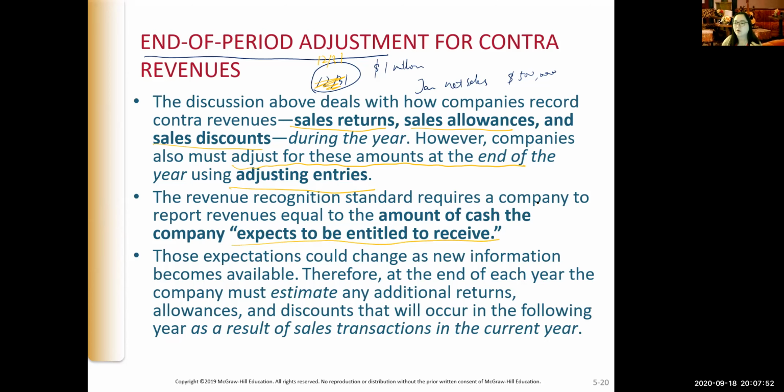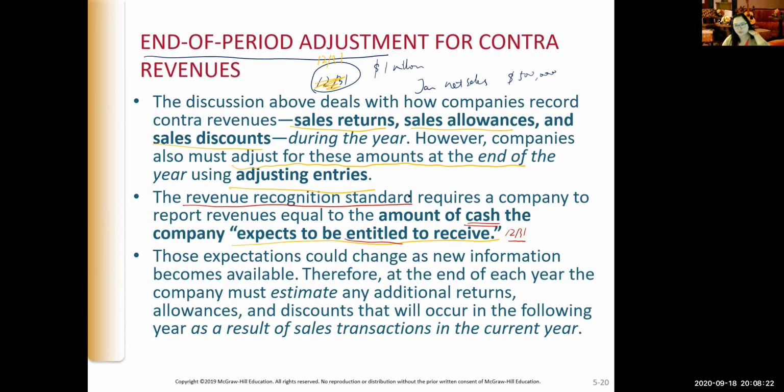In other words, on December 31st, ideally, the number that you report to the investor should be the money that you really can receive, or the cash you are entitled to receive, meaning that it should net out the unsatisfactory returns, right? So that's the revenue recognition standard as well.